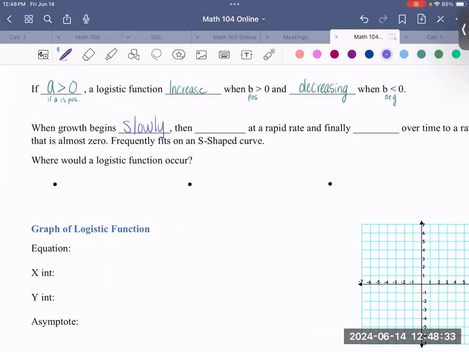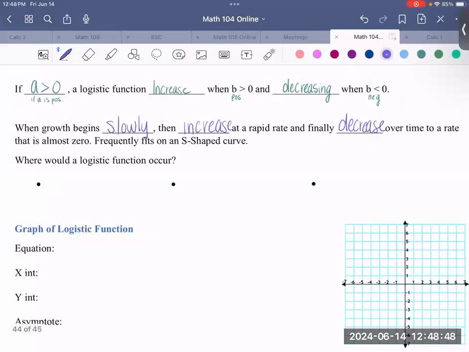Then it starts to increase really fast. This is where that exponential pace comes into play. And then finally, it starts to decrease again, once more, at a rate that is almost 0. So it's going to be fitting this S-shaped curve.